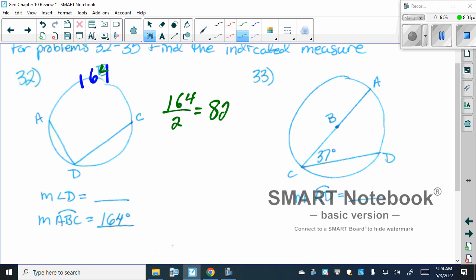If its vertex is on the center, it's a central angle, and they're going to be the same as its arc. Questions on this here?